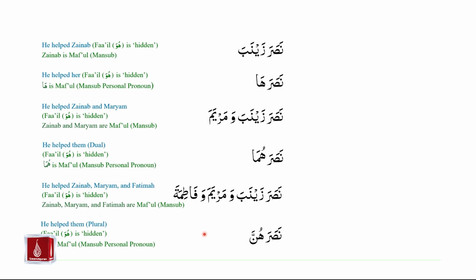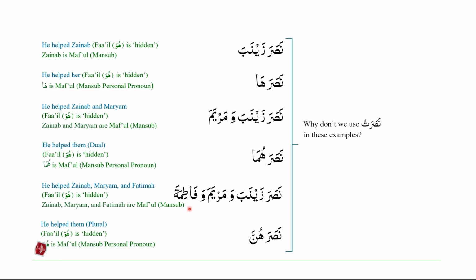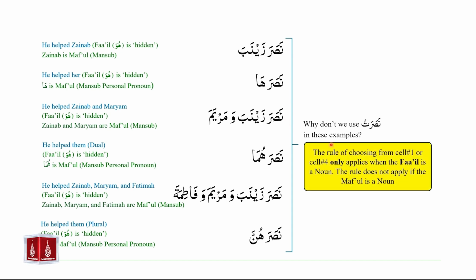We will note that there are several examples where we are using feminine names, Zainaba, Maryama, Fatimata. Then why don't we use Nasarat as the fa'il? Why are we using Nasara in all of these examples? The reason for that is that the rule of choosing from cell number 1 or cell number 4 only applies when the fa'il is a noun.